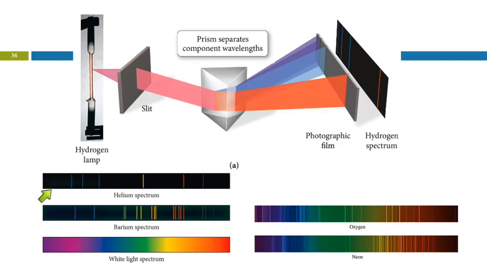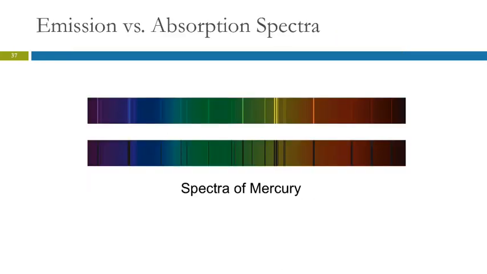So this is helium, this is barium. If you put white light through, you're going to see something like this. We've got oxygen and neon. Anyway, so why do we get individual lines instead of a continuous spectrum? That was a big question.